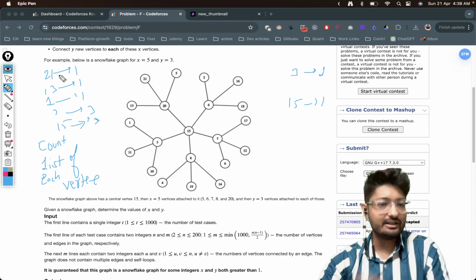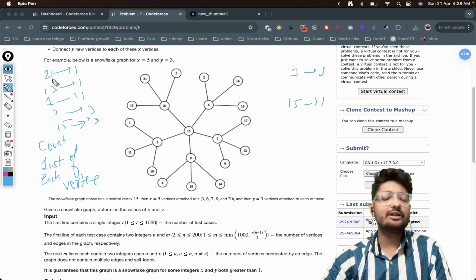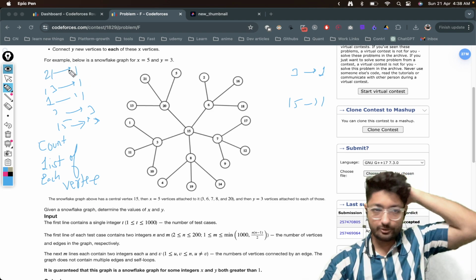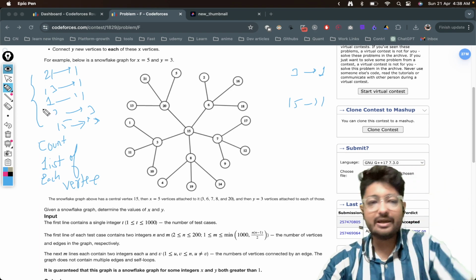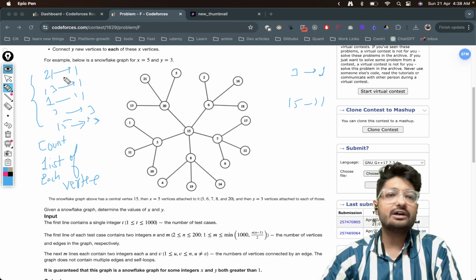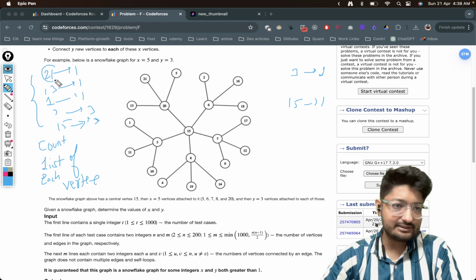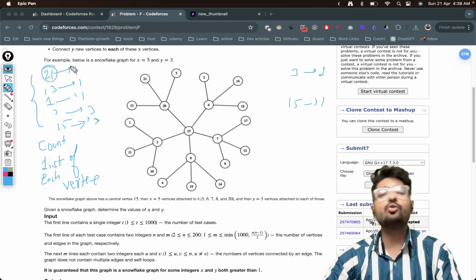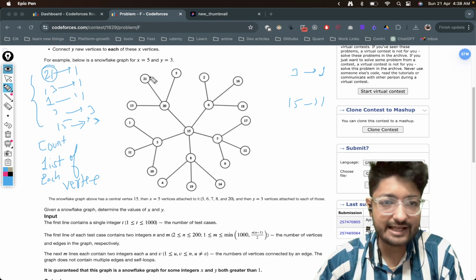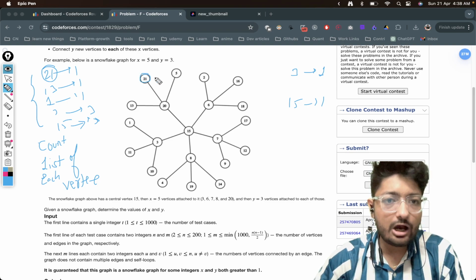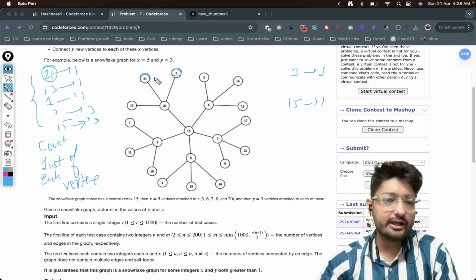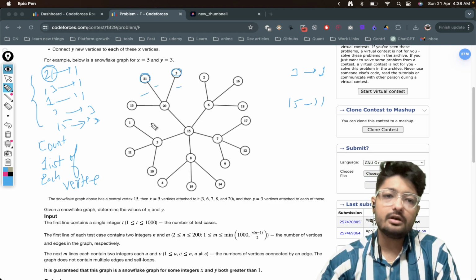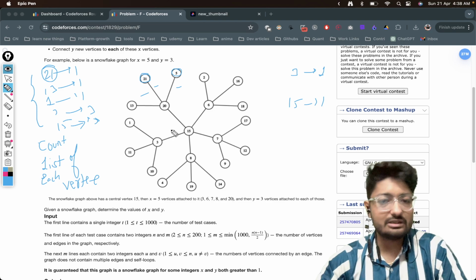So you're given an array like this, showing how many edges each vertex is connected to. Among all of this array, you will find how many vertices are connected to only one edge, and how many vertices are connected to another number of edges.